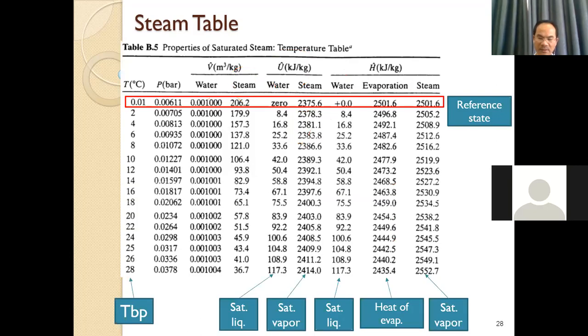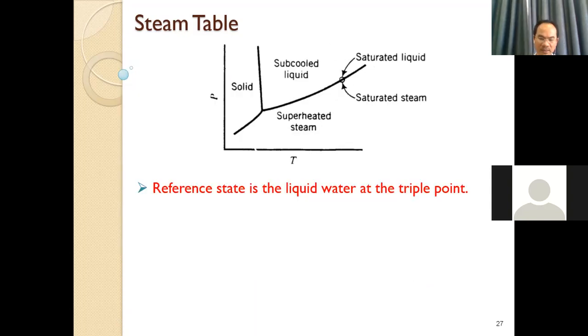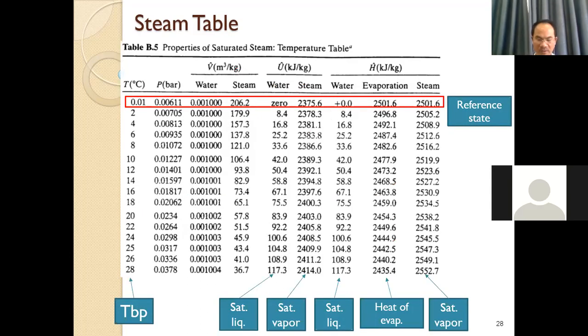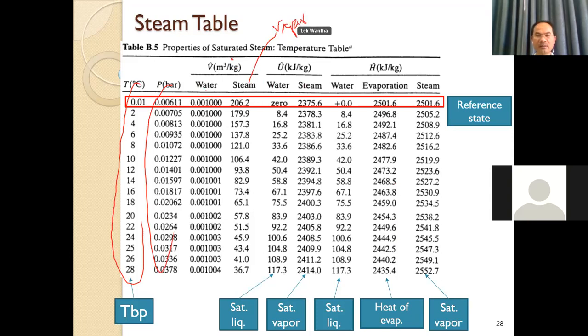The steam table is referring to the triple point. This is the triple point. If you consider a steam table or table for water, the reference state is the triple point, the pressure and temperature at the triple point. For this example of saturated steam: temperature, pressure, volume of water, volume of steam, entropy and internal energy.